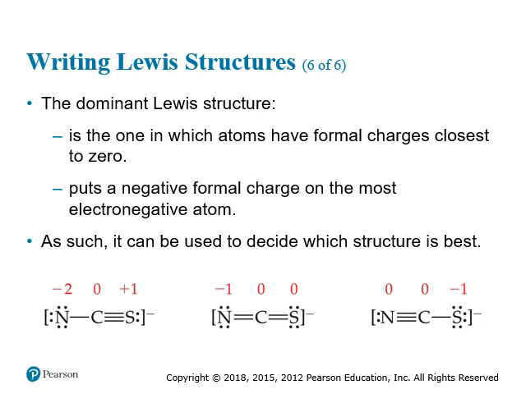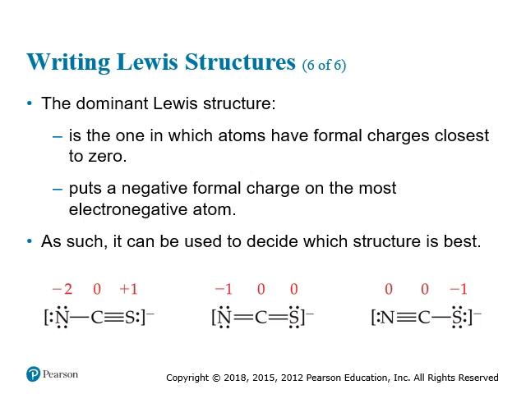Now, there may be some instances where that's not possible, where all of the formal charges aren't 0. Well, when that is the case, as is the case with the thiocyanate ion listed below, the dominant structure is going to be the one in which the most electronegative element has the negative formal charge.